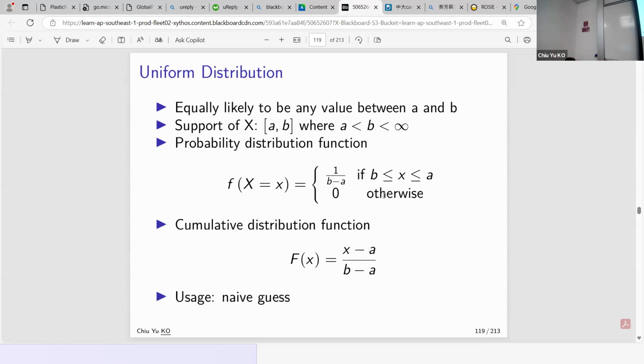As I said, we usually use this when we don't have any idea what's going on. Suppose I talk about a stock price, between 20,000 and 30,000 for the Hang Seng Index, right? Then you don't want to put any structure on the probability. The uniform is the simplest one.